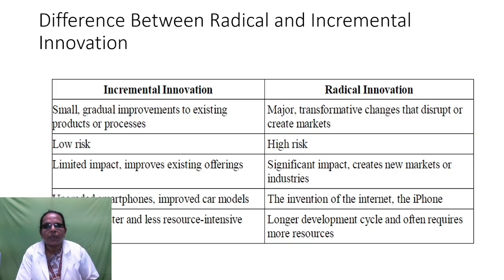Low risk means that for incremental innovation, the product has only small changes, so in the marketplace it's low risk. But in radical innovation, major transformation changes are made, so in market demand it has a high risk.